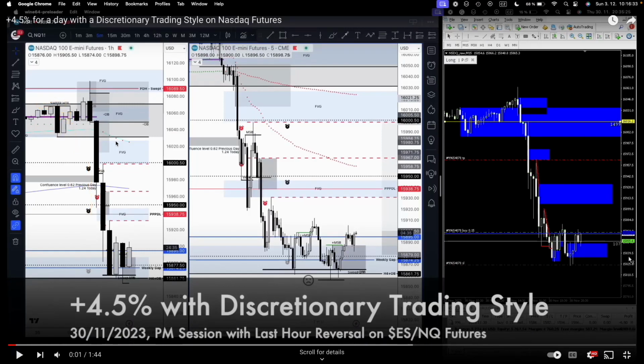Basically, what the price did, and this is typical, when I got stopped out here, I knew that they were going to just manipulate the market before the red news, which actually happened.